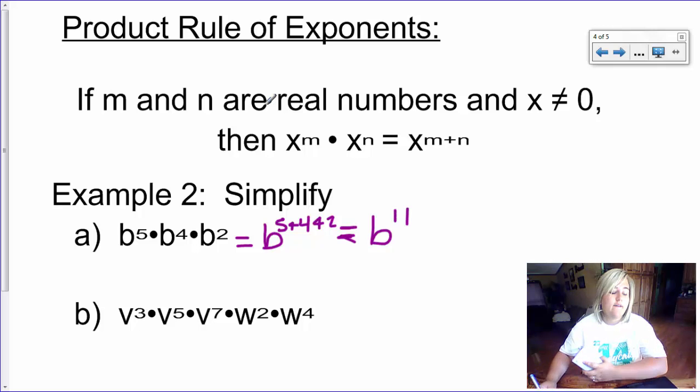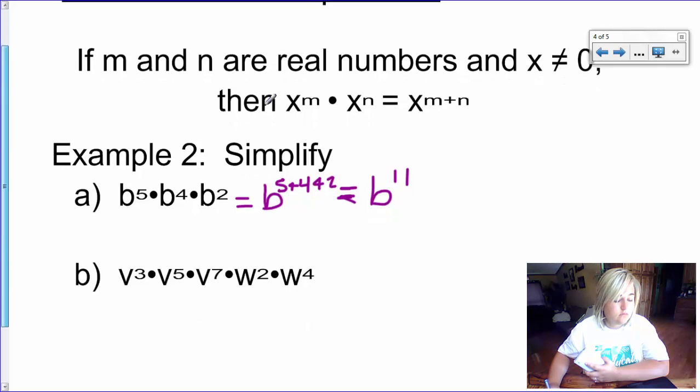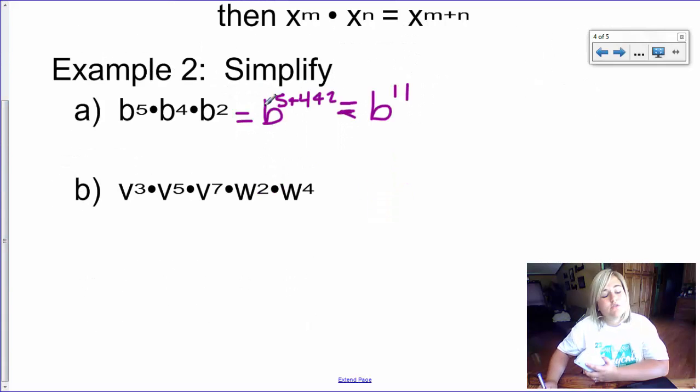Now on b, for example 2, I have v's and I have w's. So those are not the same base. So I can't combine and get VW. That won't work.